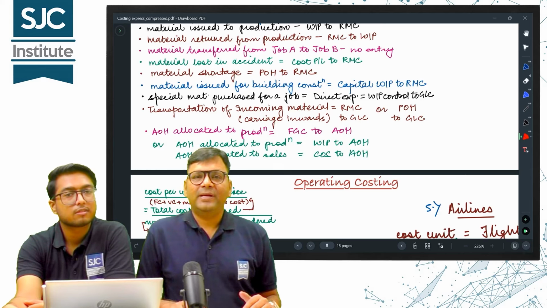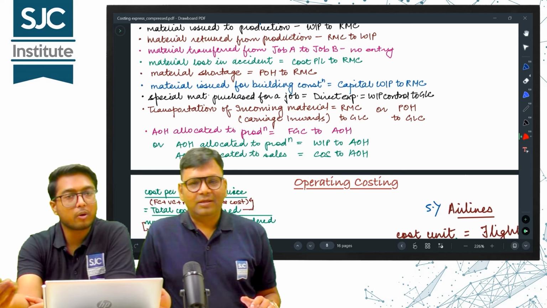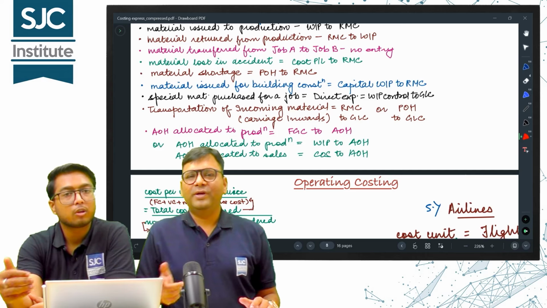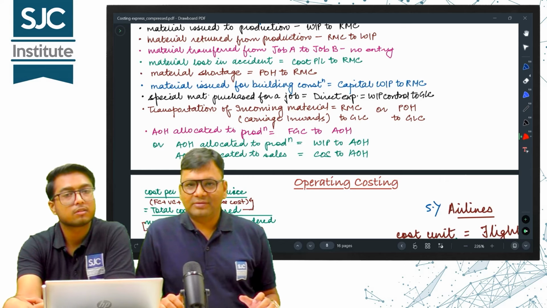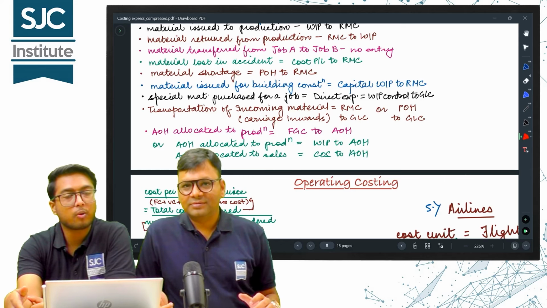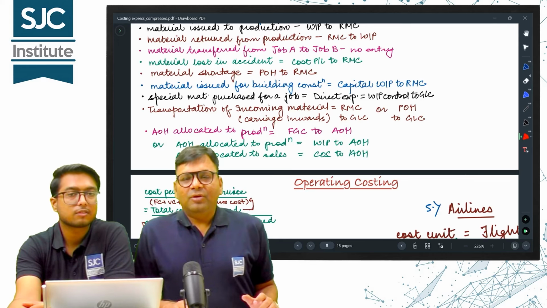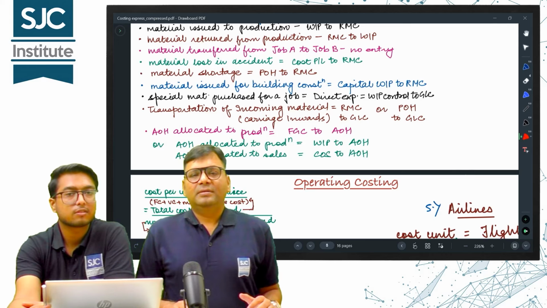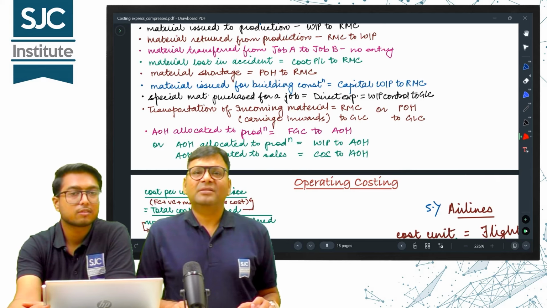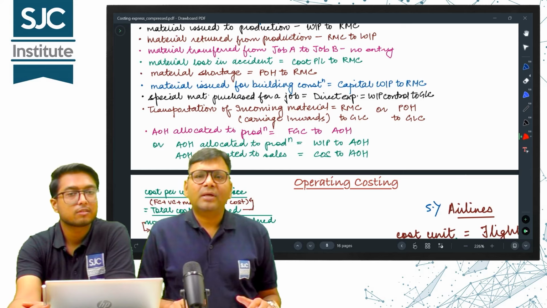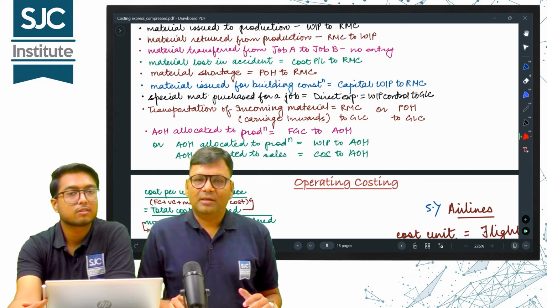The direct part would be allocated to the WIP account, so the entry would be WIP debit to wages control. The indirect part would be allocated to factory overheads, so the entry would be factory overhead account debit to wages control account. When passing all these journal entries, you may or may not write narration. Pass journal entries only when the question asks about it, or else pass the entries straight away in the ledger accounts.